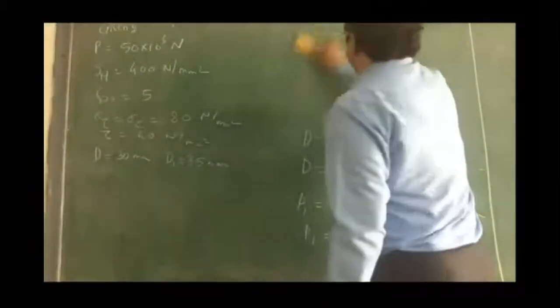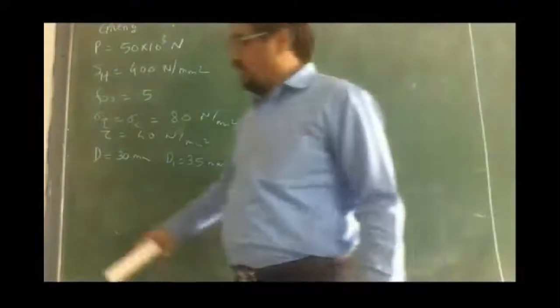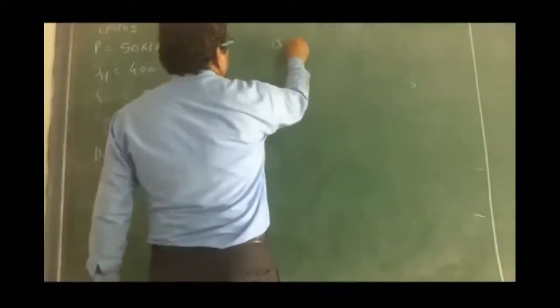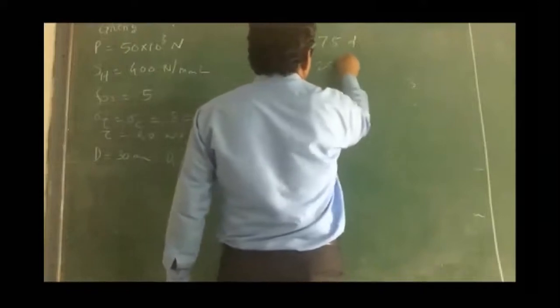Now next step. We have seen that we use empirical equations to calculate A and B. A is 0.75 D, the thickness of the fork, right? And B is 1.25 D, the thickness of the eye.